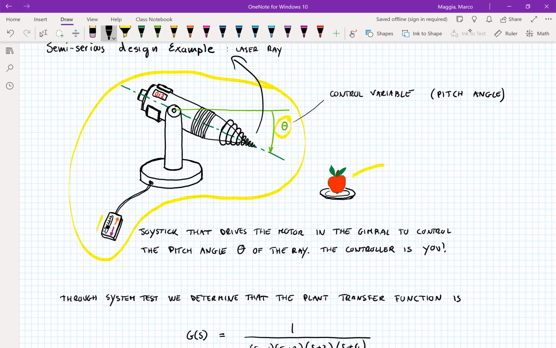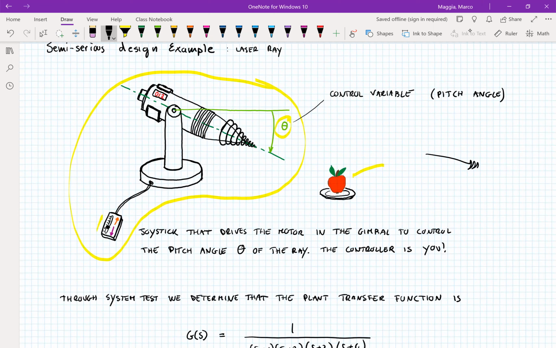It might wiggle a little bit if the system is underdamped. Let's say it might oscillate a little bit before pointing in the right direction. That's not exactly what you want for this application. So you might want an overdamped system.